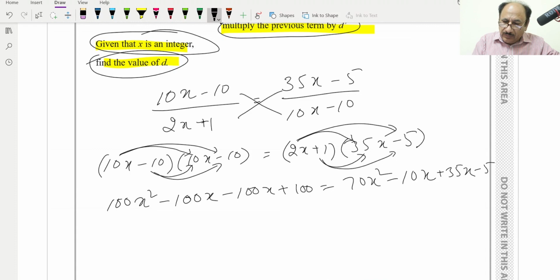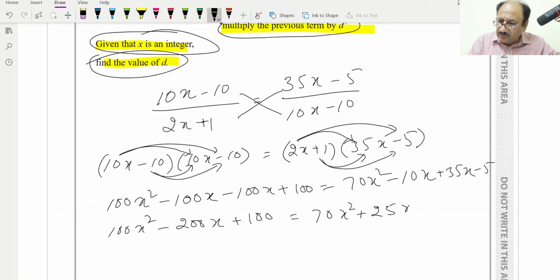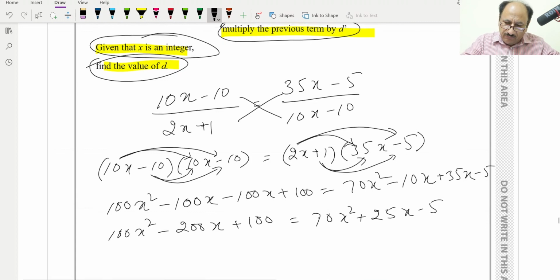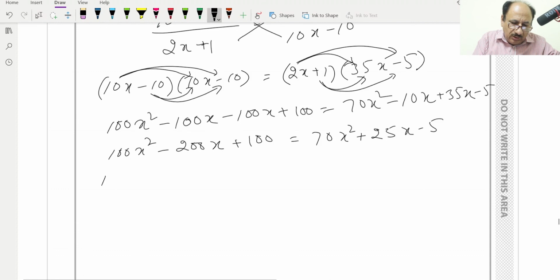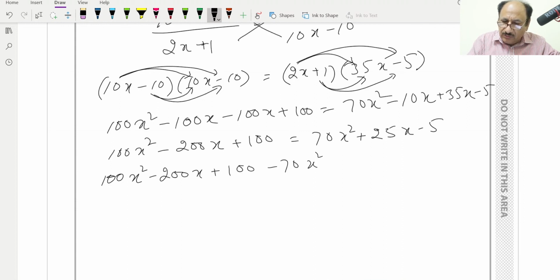Now we can simplify. First we add like terms: 100x squared minus 200x plus 100 is equal to 70x squared plus 25x minus 5. Now we shift everything to one side, so our equation becomes 100x squared minus 200x plus 100 minus 70x squared minus 25x plus 5 equals 0. Adding like terms again, 100x squared minus 70x squared is 30x squared, minus 225x, and 100 plus 5 is plus 105, equal to 0.